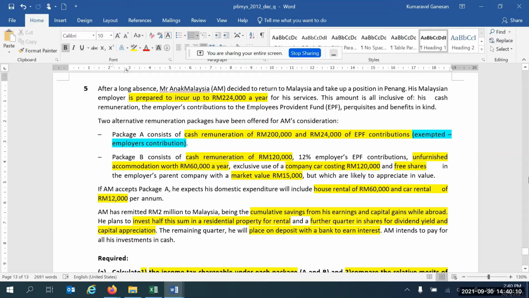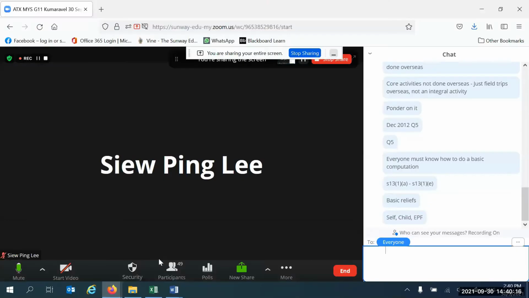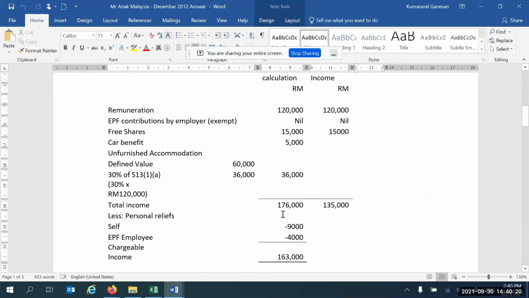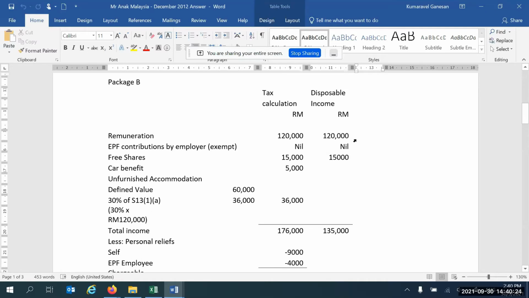Okay, next is what section? So this is under A, and then some people ask me, why is it under disposable income? Because shares can be converted to money. Anything that I can convert to money, I will take it.